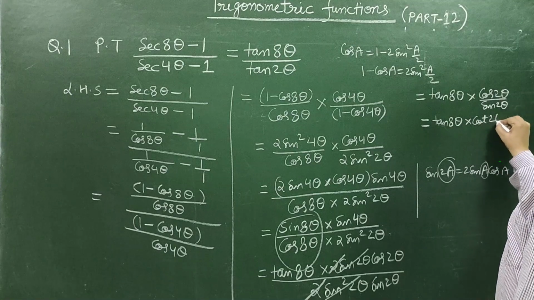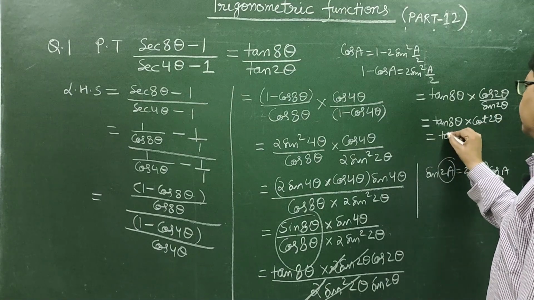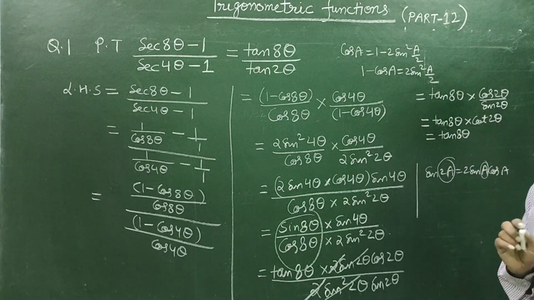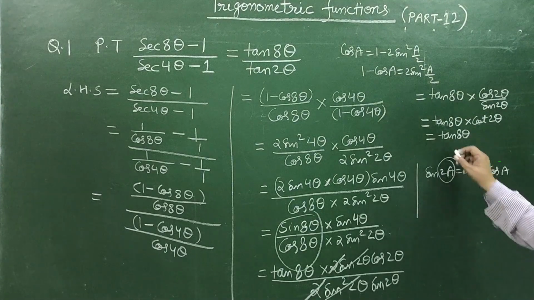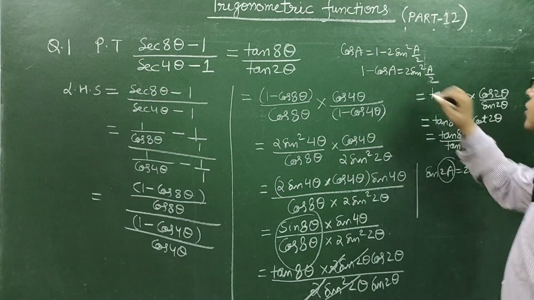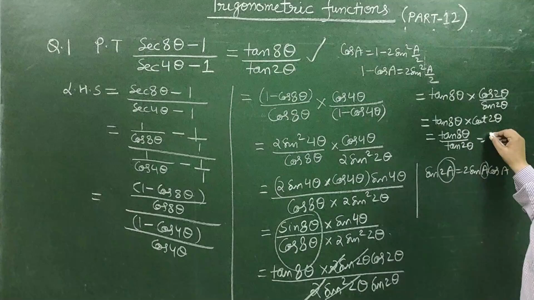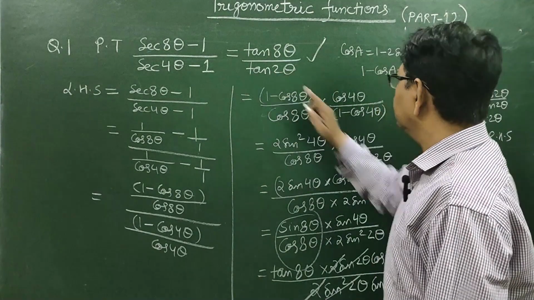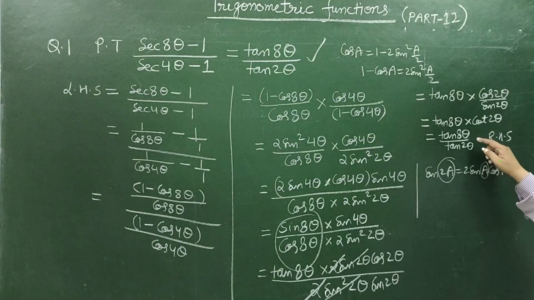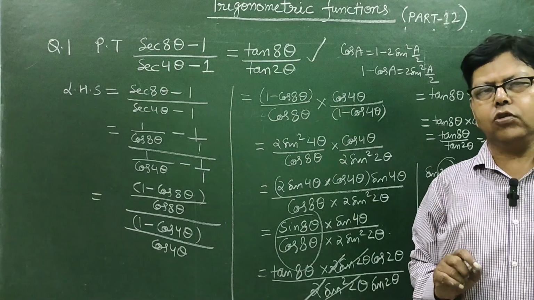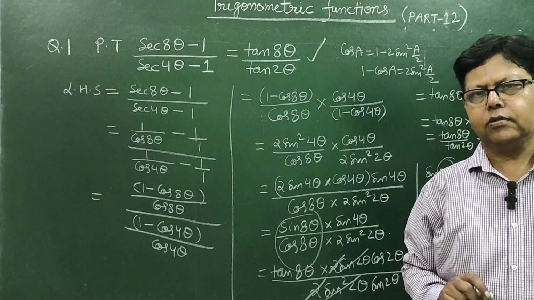Cot θ is equal to 1 upon tan θ. So you can write this is equal to tan 8θ upon tan 2θ, which is the right hand side of the expression. Therefore LHS is equal to RHS, that is tan 8θ upon tan 2θ. Hence the solution of the question is complete.